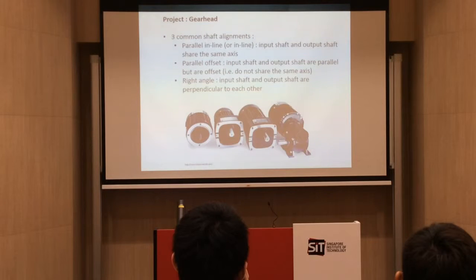What this means is that you have an input, connected to your motor. Your output shaft is parallel, and it shares the same axis. So basically you can draw the same axis across the input shaft and the output shaft.